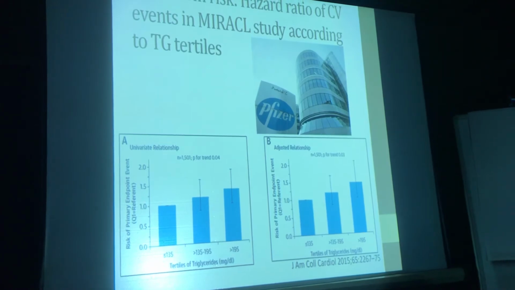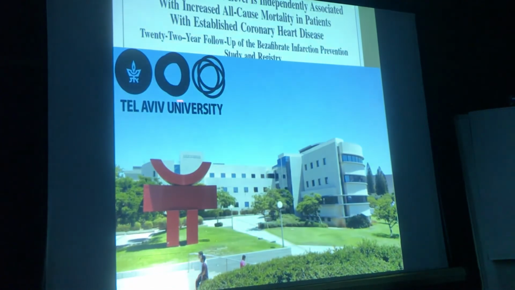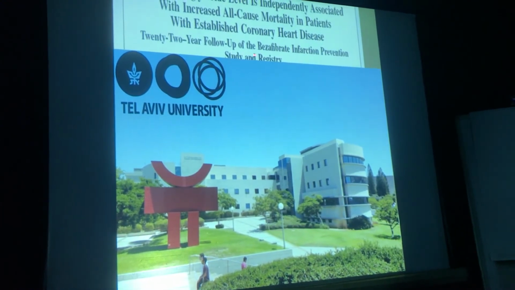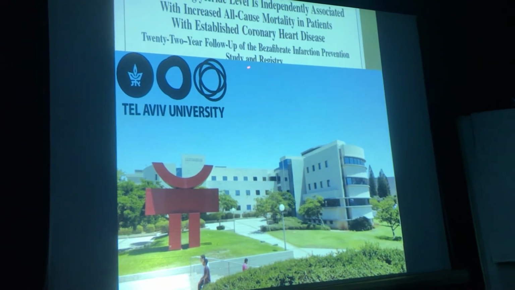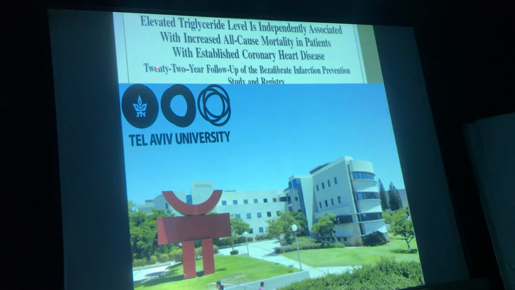And in Tel Aviv, Israel, they studied a 22 year follow-up of the Bezafibrate Infarction Prevention study, because fibrates came before the statins. So they got a very long follow-up.